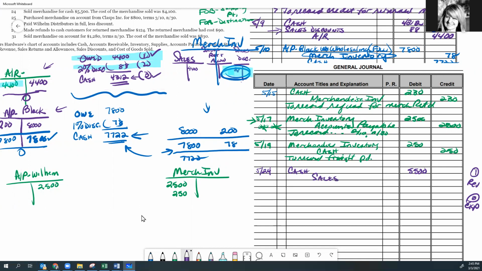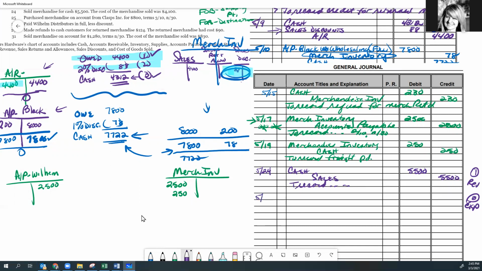So we're going to credit sales and make it go up to record sales for cash. Okay, so that's our first journal entry. We record a credit to sales and make it go up. And now we need to also record the expense of that sale and make it go up.